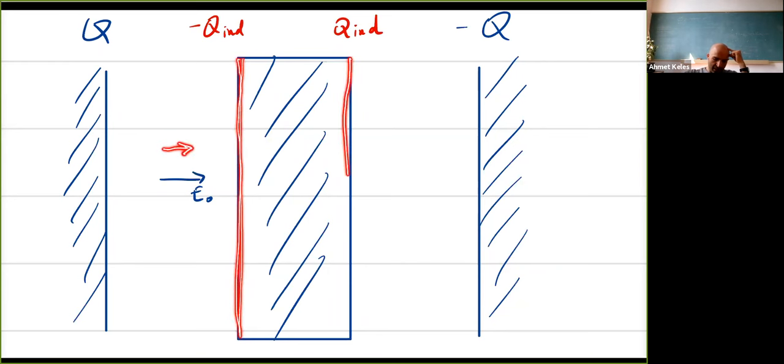And there's some other charge contribution here, since this is plus, it's going to be this way. So the electric field contributions coming from the electric charges on the surface of the dielectric will cancel each other, right? So this is E induced, and these guys cancel.